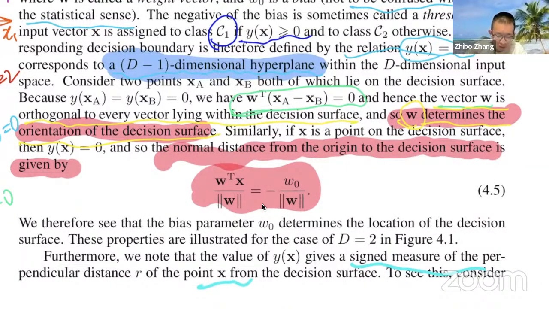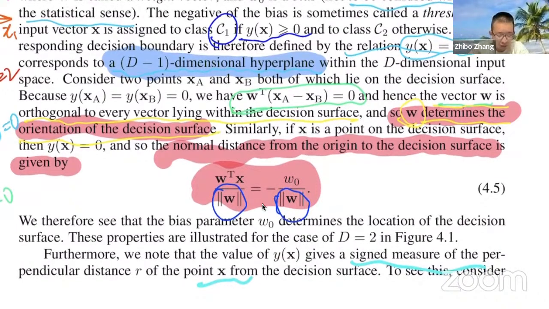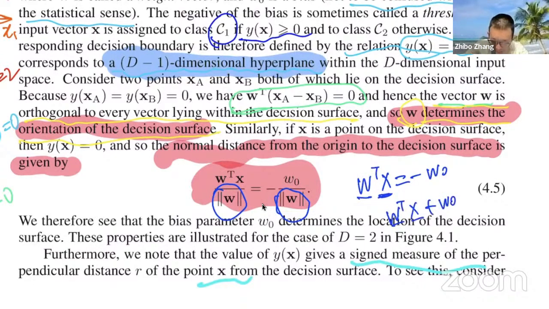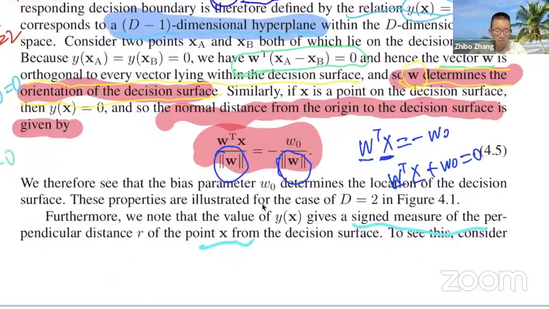So if we multiply both sides by the norm of W, it's going to be W transpose x plus W0 equals 0. Those are vectors.